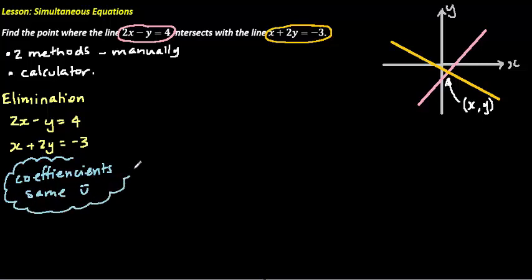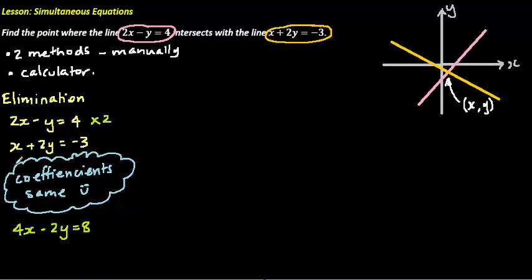So that's my goal. What I'm going to do is double my whole first equation, so I'm going to multiply that by 2, and I'll get 4x minus 2y equals 8.